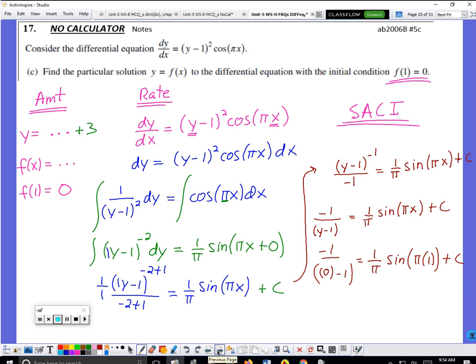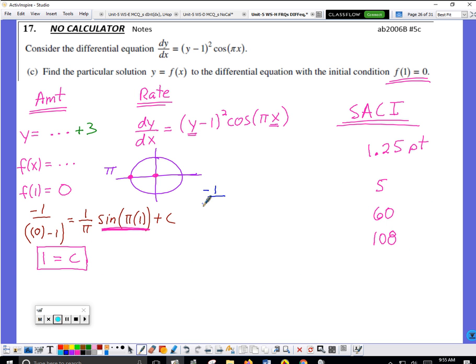So negative 1 divided by y minus 1 equals 1 over pi sine of pi x. And now the value of c is known, that's plus 1. Shoot. Plus 1. Are you good to there? Okay, if you get to here, you've earned 5 points. If you can't do anything else, you've still earned 5 points.